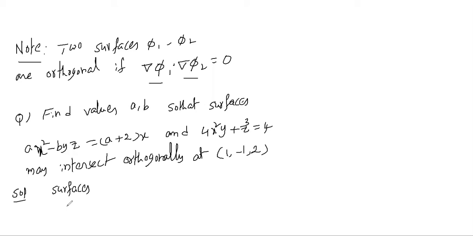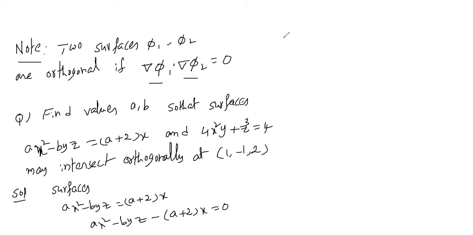What are the surfaces? ax square minus byz is equal to (a plus 2) into x. So take the left side: ax square minus byz minus (a plus 2) into x equal to 0. Okay.